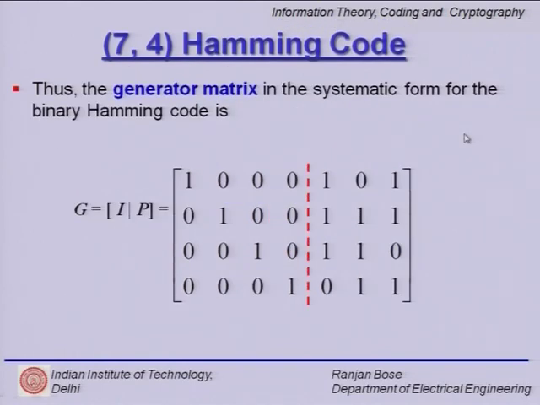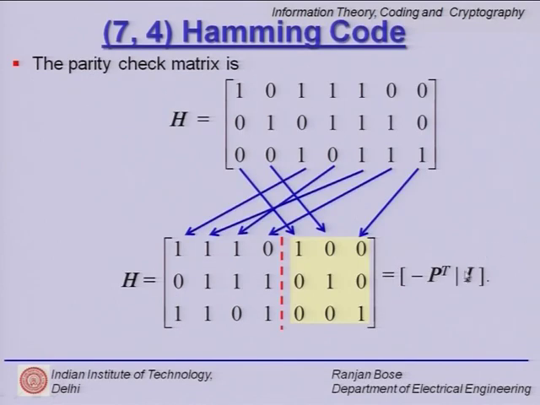Now, if we were to look at the generator matrix in a systematic form, we have this P transpose here. Please note, in binary 1 plus 1 is 0. So, minus 1 is equal to plus 1. So, the minus sign is not really making any difference, as well as minus P transpose is equal to P transpose.